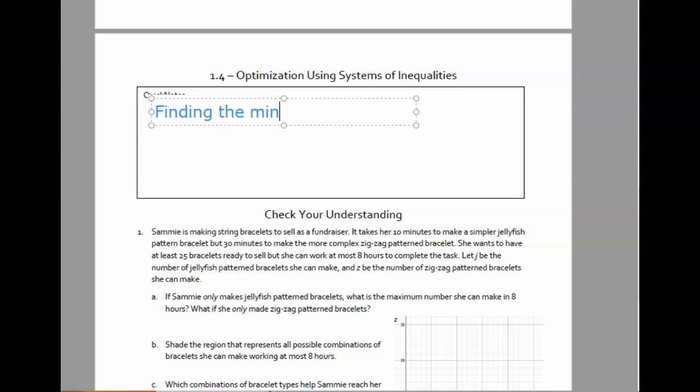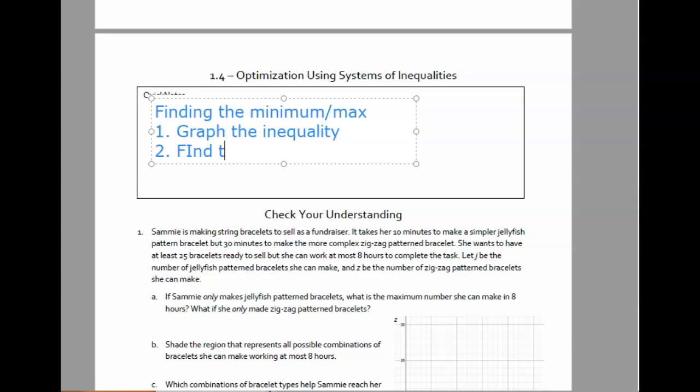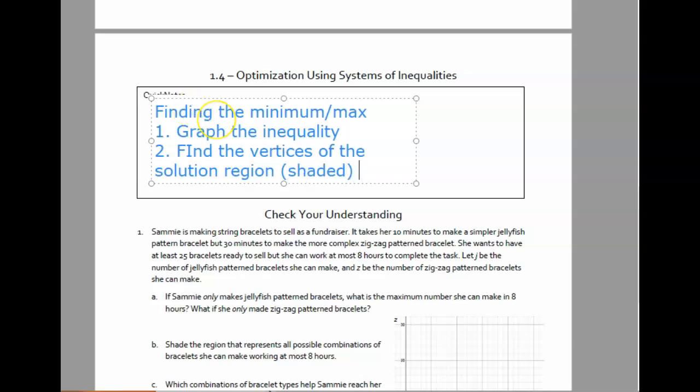finding the minimum and maximum. Number 1, graph the inequality. Number 2, find the vertices of the solution region, the shaded area, those corners. We find the corners.